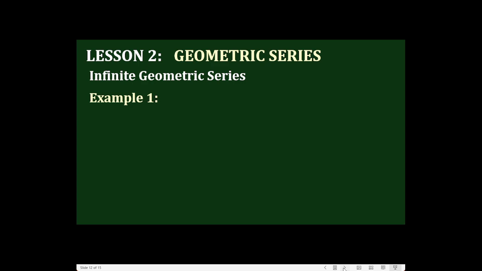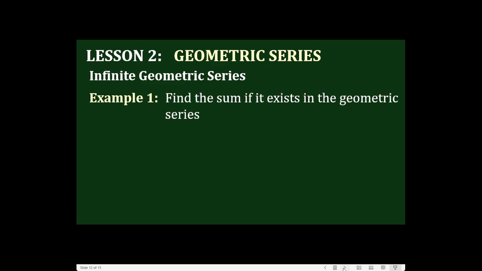Now let us proceed immediately to some examples. Let us take the first one. Find the sum, if it exists, in the geometric series 8 plus 4 plus 2 plus 1 plus 1/2, and so on. So what do we need here?